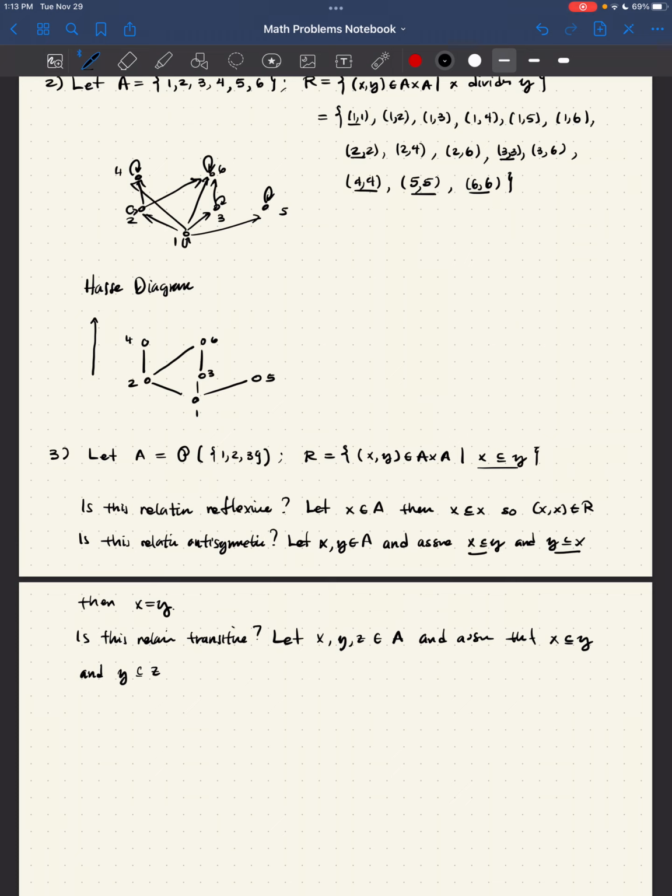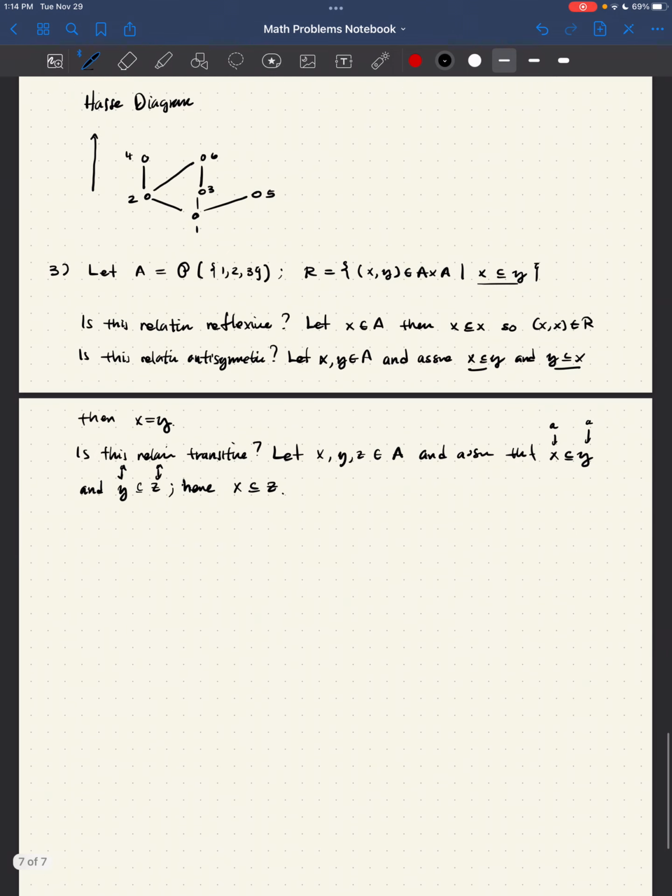If I have an element that belongs to X, it also belongs to Y. But once it belongs to Y, it's here, so it must be there as well. Well, what do we conclude from this little argument? Hence, X is a subset of Z. And the relation is indeed transitive. So this is a partial order relation. And in fact, we can produce its Hasse diagram.